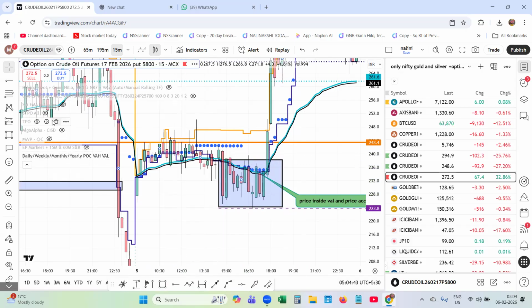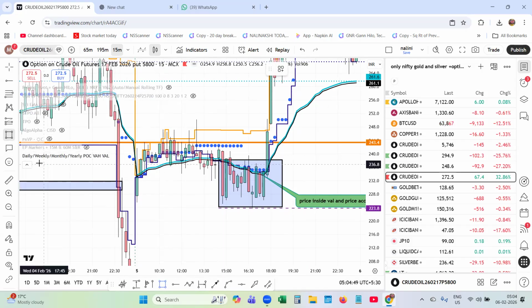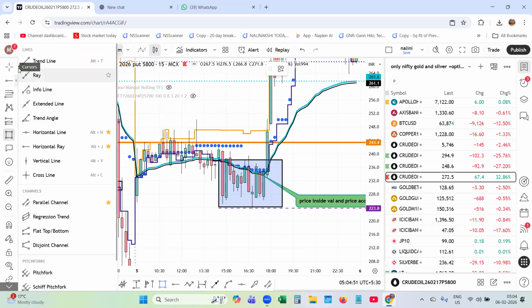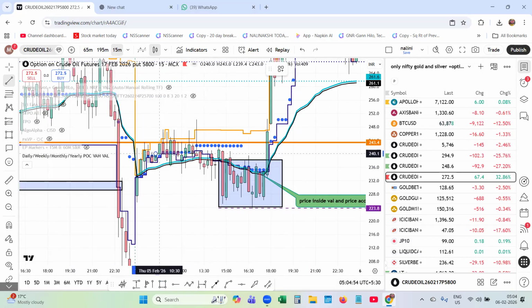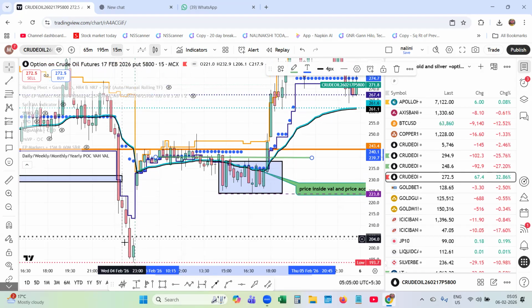This is the manipulation area, manipulative line, point of control. Let me mark this. This is the level, and the context is this is where option, this was the buyer's zone.